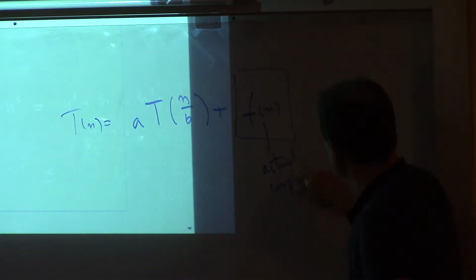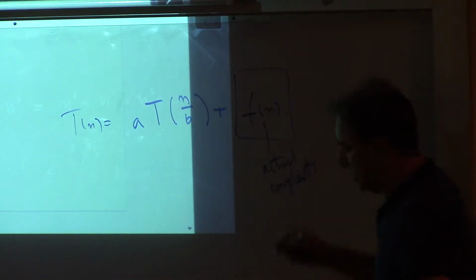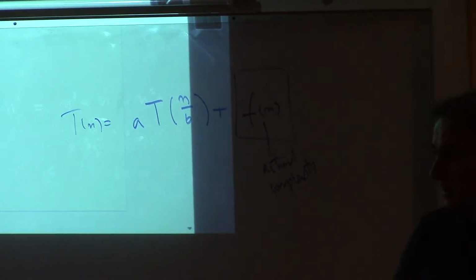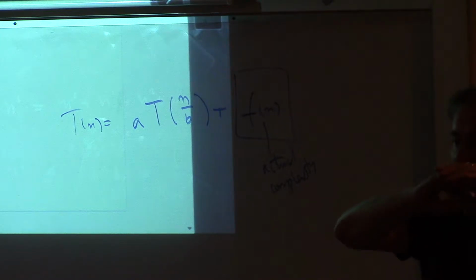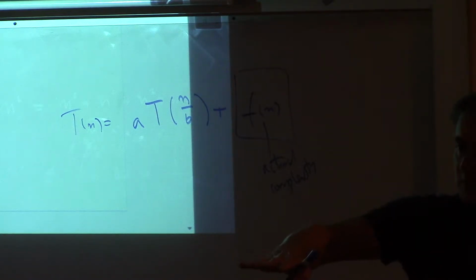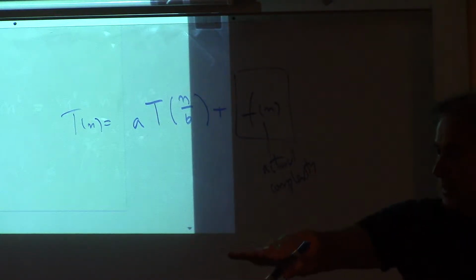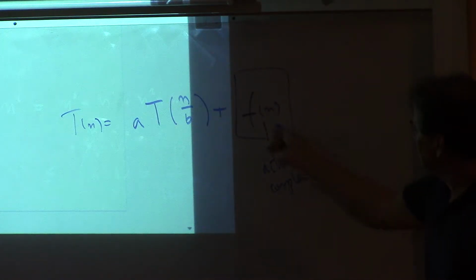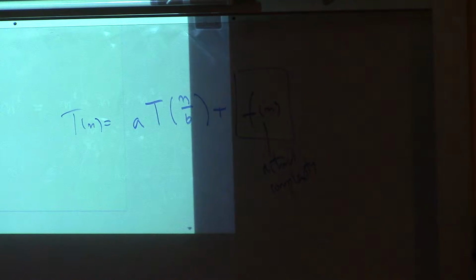When you talked about recursive level 0, I think we mentioned it in class. Recursive level 0 is the actual complexity when you're first calling the function from the outside. And then the function, like in merge sort, splits into the left side and the right side. So the actual complexity is how much work you do on that level.